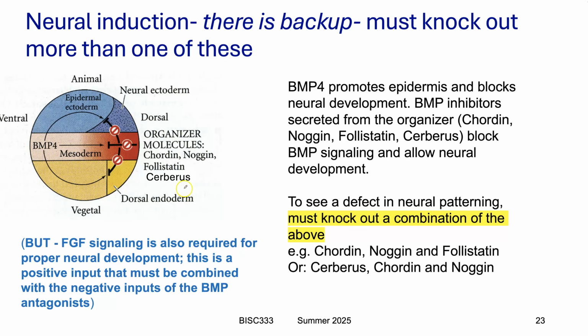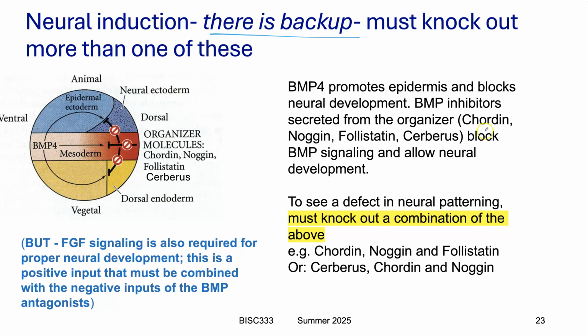So importantly, in neural induction there is what we call redundancy or backup. BMP4 promotes epidermal fates by blocking neural development, because if you get rid of BMP, then all of this is going to be specified as neural.